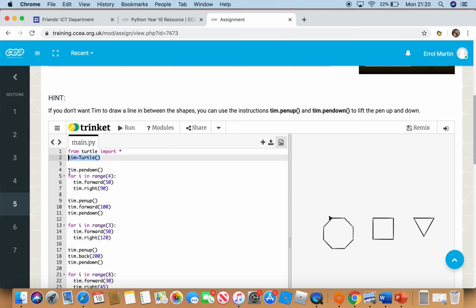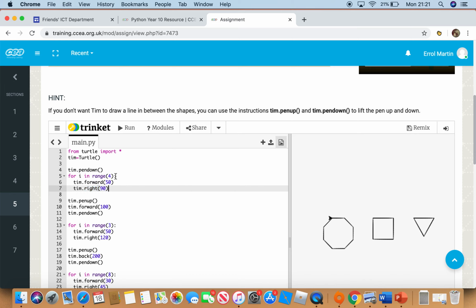So the first thing I did was instruct the turtle, or the pen, to put itself down on paper. And then using a for loop, and remember a for loop will run a specified number of times, and the number of times is specified by the number inside the brackets. And then I've told Tim to move forward 50 and turn at an angle clockwise of 90 degrees.